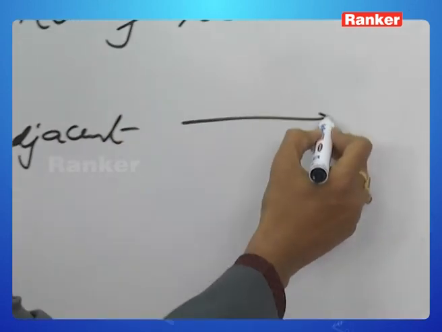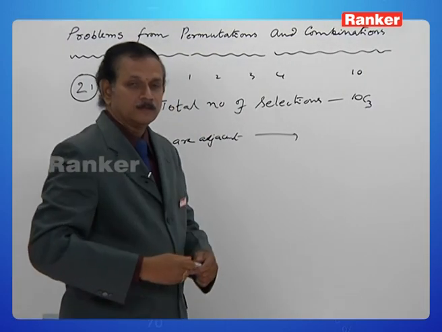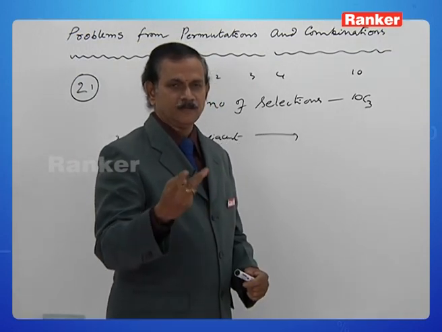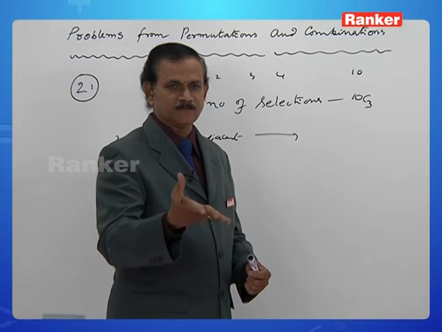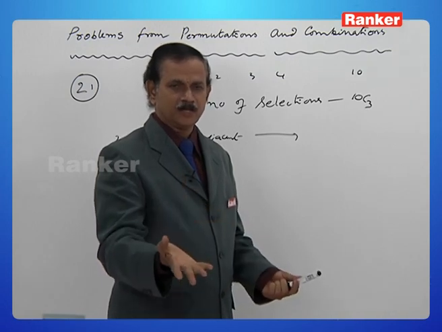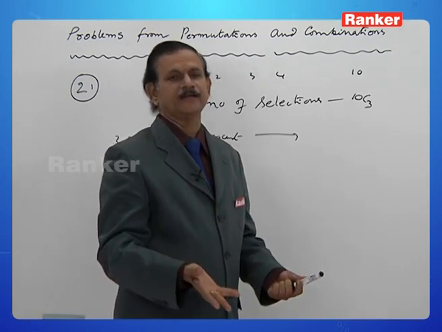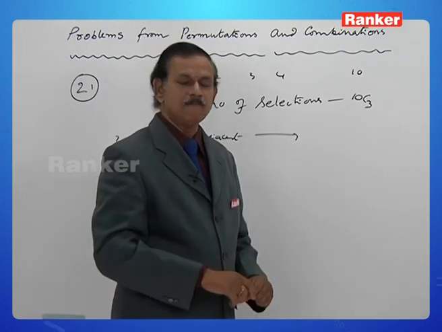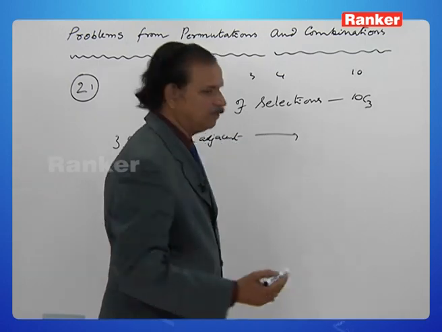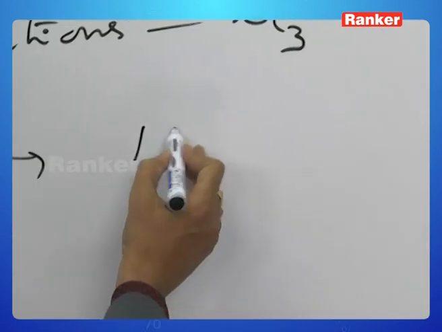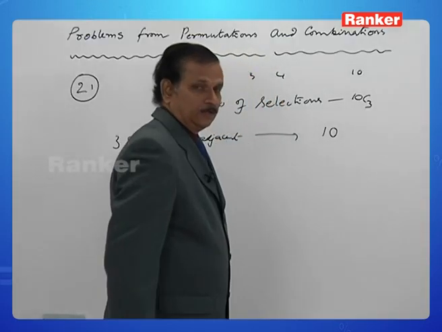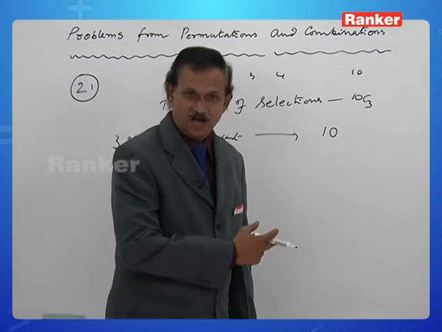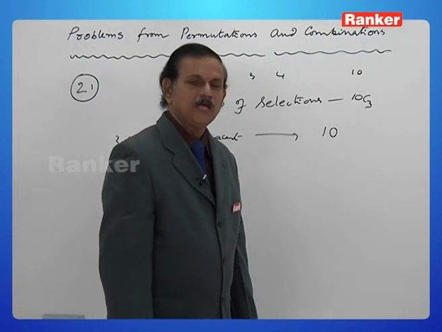You may take 1, 2, 3; 2, 3, 4; 3, 4, 5; 4, 5, 6; 5, 6, 7; 6, 7, 8; 7, 8, 9; 8, 9, 10; 9, 10, 1; 10, 1, 2. So how many such selections are possible? 10 selections are possible. Don't forget it. These 10 are invalid selections.